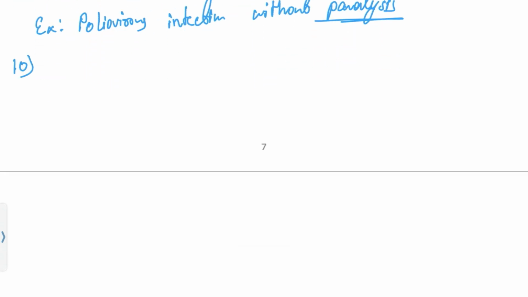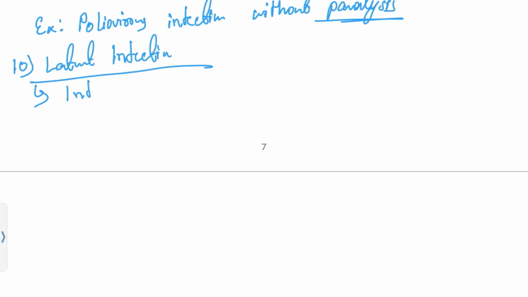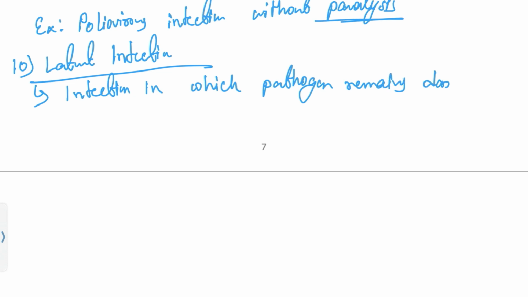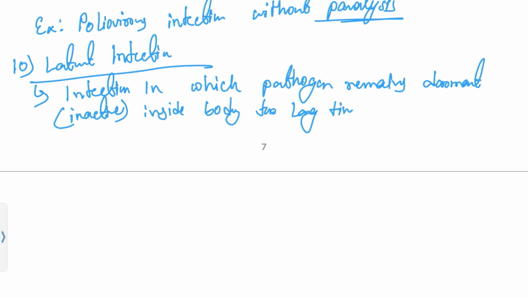Now the last classification is latent infections. So what are latent infections? Infection in which the pathogen remains dormant. Dormant means inactive inside the body for a long time. That is the latent infection.